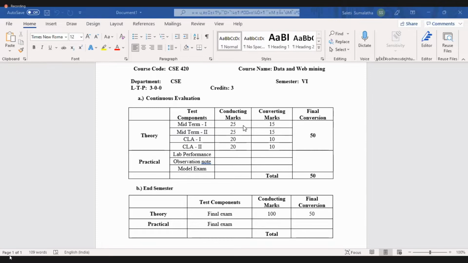We'll conduct it for 25 marks, but the final converted marks will be 15. So mid 1 is 15 marks and mid 2 is 15 marks. That is 30 marks, and the remaining 20 marks are for CLAs. CLA 1 and 2: 10 marks for CLA 1 and 10 marks for CLA 2.